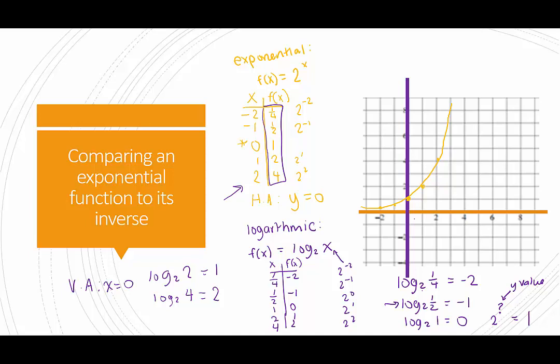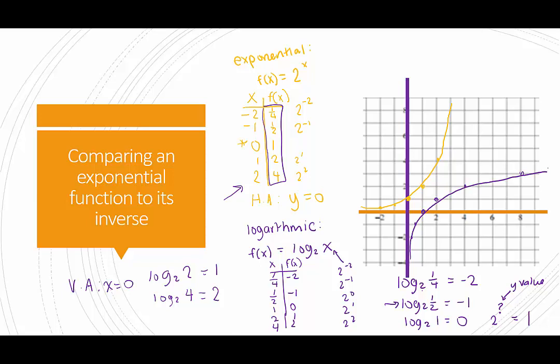We have 1/4, -2, that's going to be like right here. 1/2, -1 will be here. 1, 0, there's the critical point. So you can see this is sharply increasing and now it's kind of going to flatten out. 2, 1 is here, 4, 2 is here, and I said the next one would be 8, 3, which would be there. So very carefully, I'm going to do my best here.